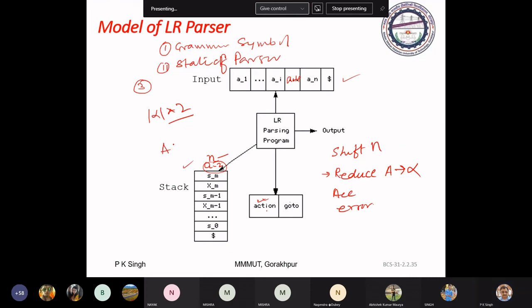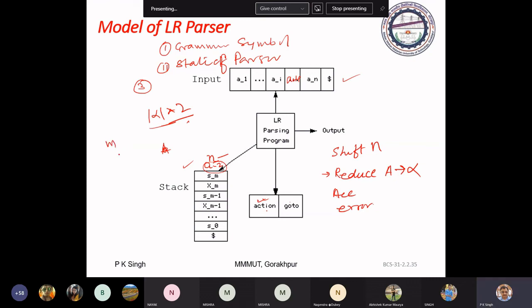But now you have pushed in A, then it must be associated with a state. So for that we compute: suppose after popping out 6 symbols from the stack, the top state is m.